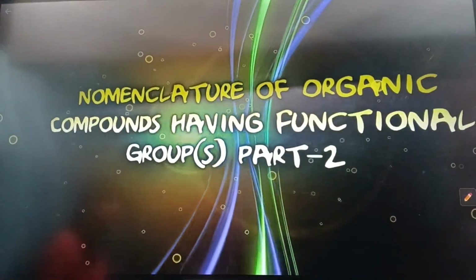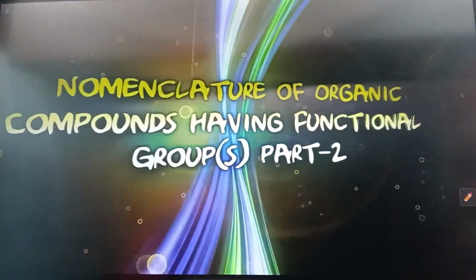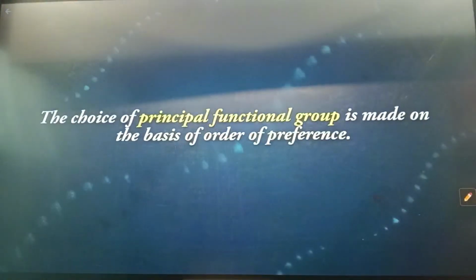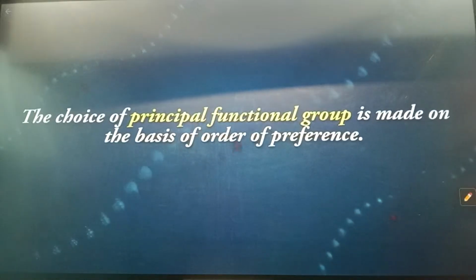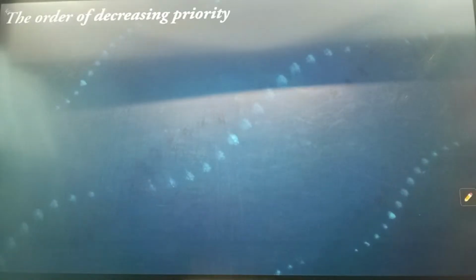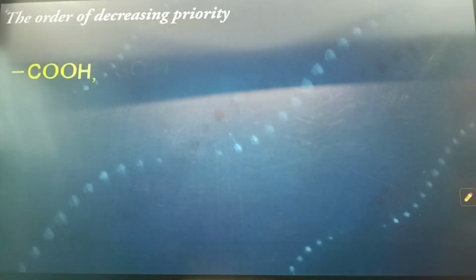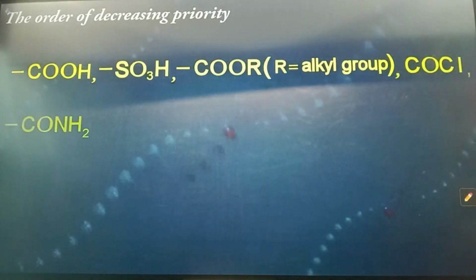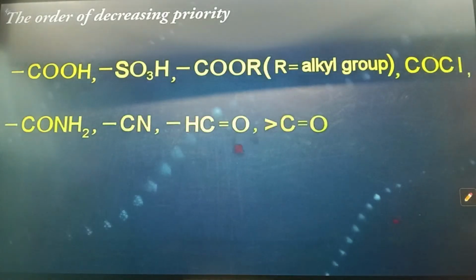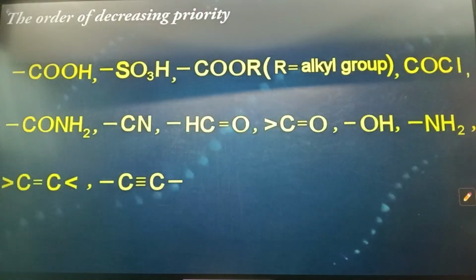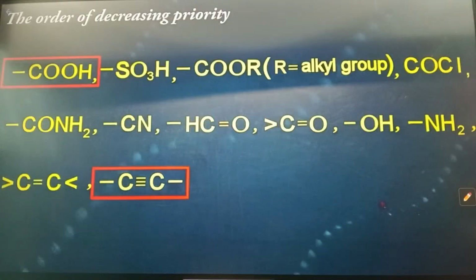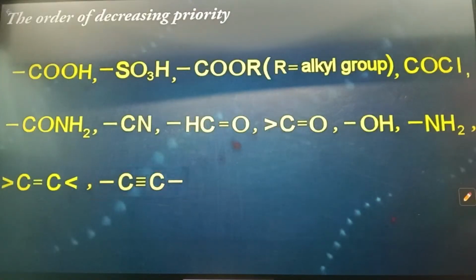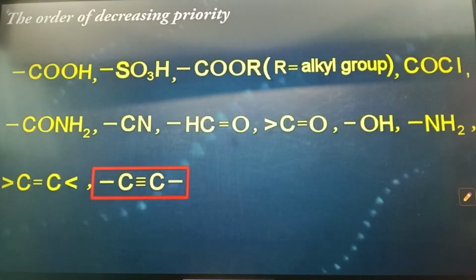Nomenclature of organic compounds having functional group. Part 2. The choice of principal functional group is made on the basis of order of preference. The order of decreasing priority for some functional groups is as shown here. Here you can see that the carboxylic group has been given the topmost priority and C triple bond C has been allocated the lowest priority.